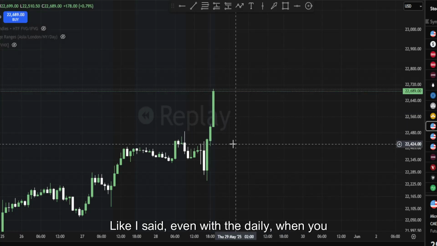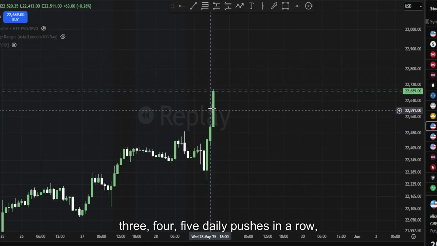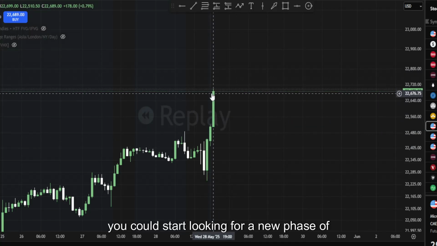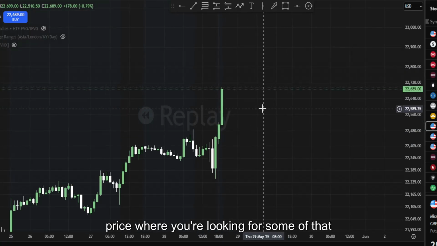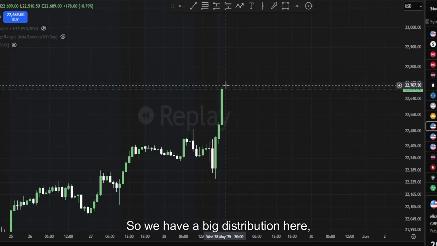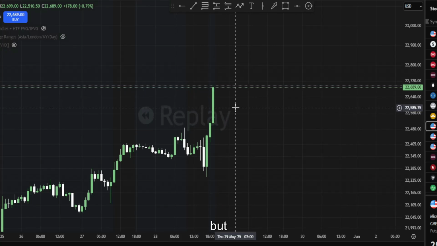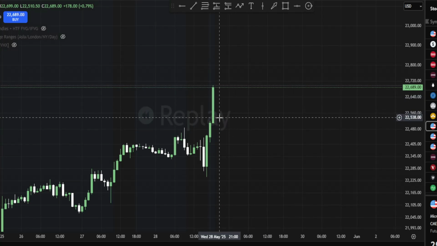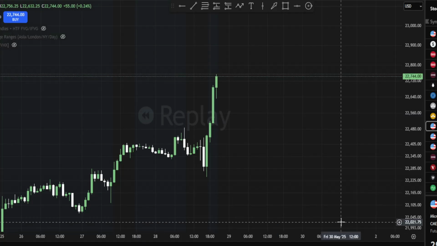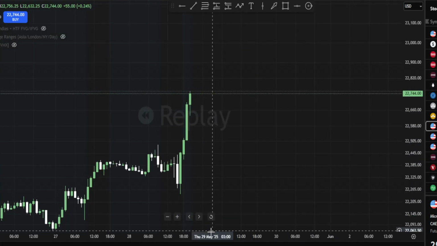Like I said, even with the daily, when you start getting 3, 4, 5 daily pushes in a row, you could start looking for a new phase of price where you're looking for some of that accumulation, which you want to stay away from. So we have a big distribution here, right? I would expect the next candle to be bullish again, which we get, although we're losing a little bit of steam.